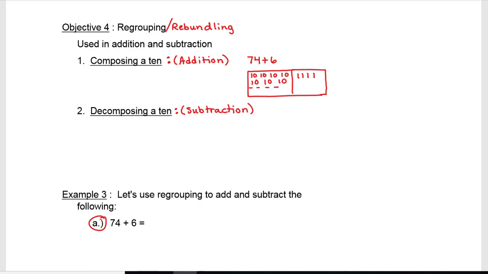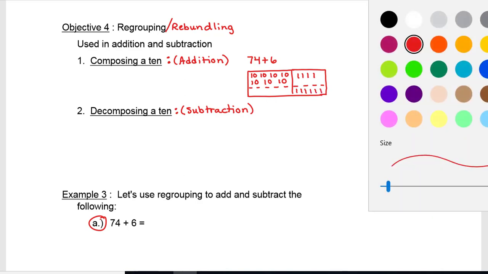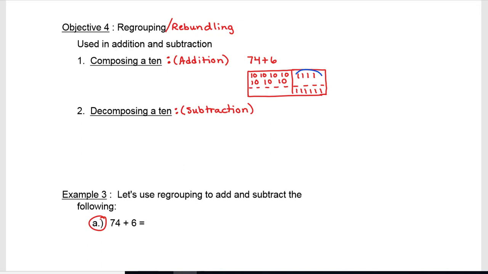And I want to add to it 6. 1, 2, 3, 4, 5, 6. So then I can see that with 74, the 6 plus 4 is going to bring a 10 over. So 74 plus 6 is equal to 80, because what's going to end up being left over is nothing in the one spot because we carried them over, but there's going to be 8 tens.